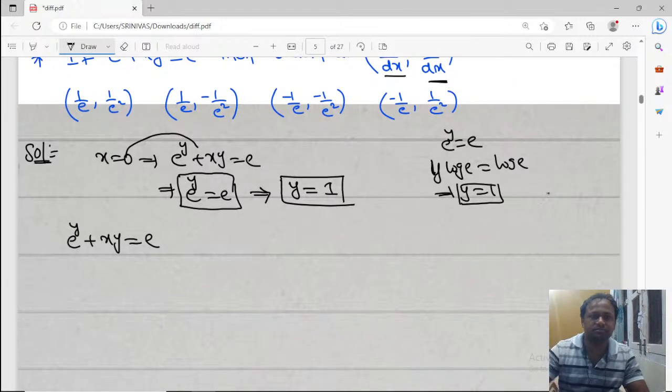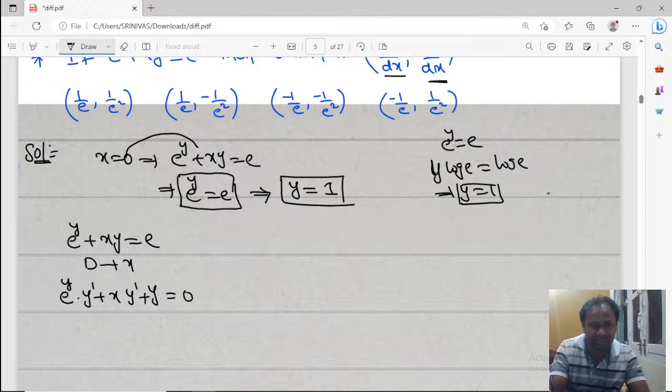Then differentiate it with respect to x. What we get? e power y differentiation, e power y into y dash, plus x into y dash plus y is equal to 0, because the differentiation of e is 0. Substitute all values here. y dash is equal to what we get?